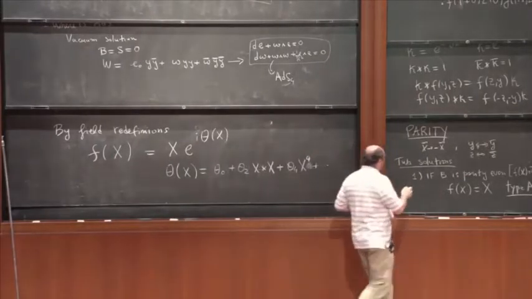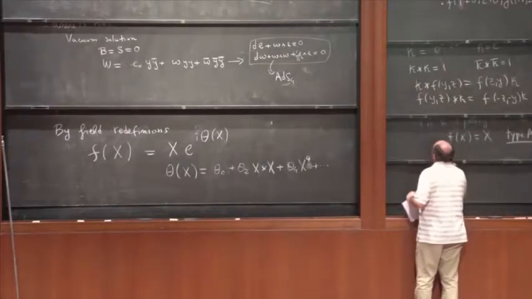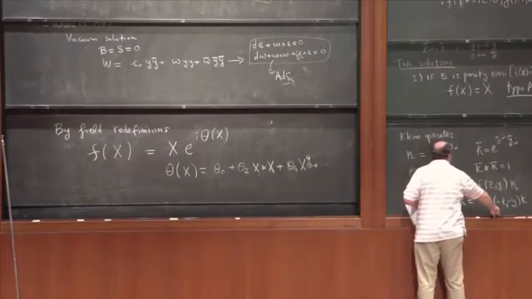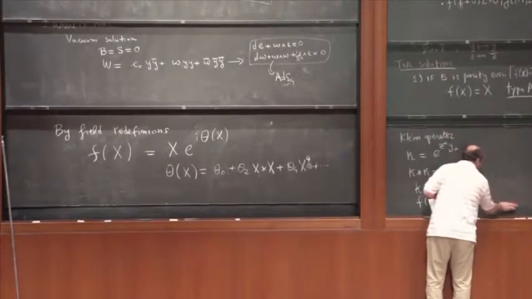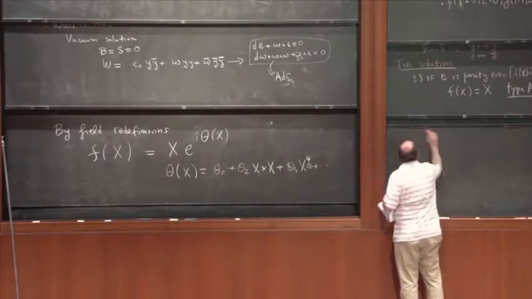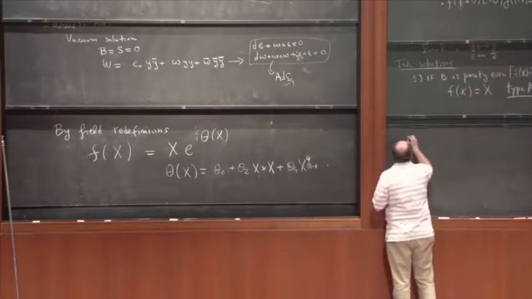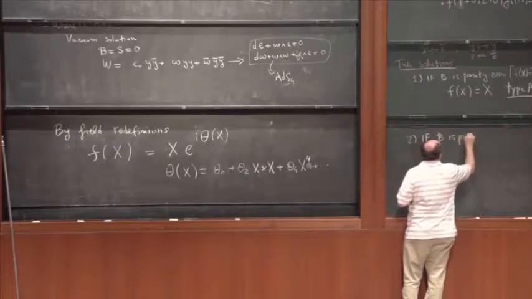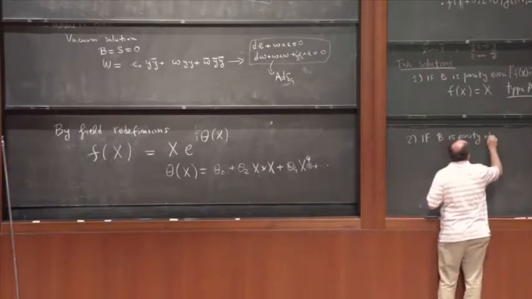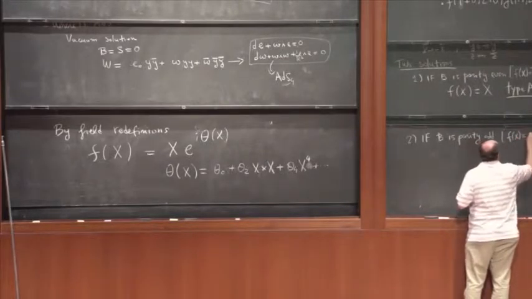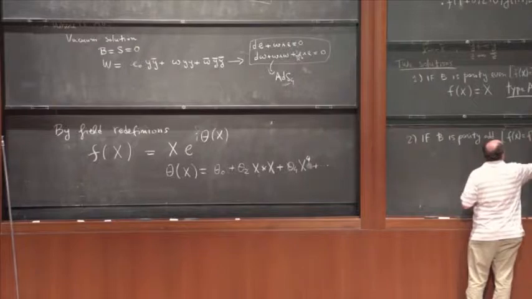And then there is the other choice, if B is parity odd, then the condition is that f of x is equal to f bar of minus x.